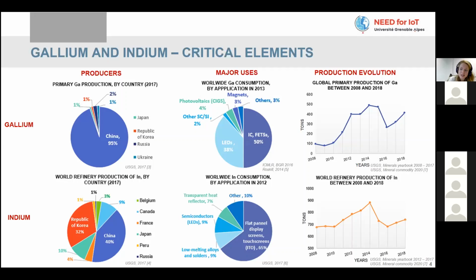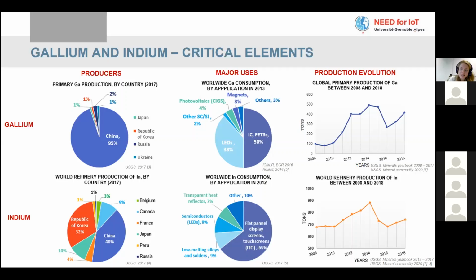For the applications, both elements are really used in optoelectronics for emitters, LEDs, lasers, but also photodetectors, sensors, and integrated circuits. But indium has the particularity of being used in ITO, which is a transparent electrode used on all flat screens, which means that we use a big quantity of indium for this application.